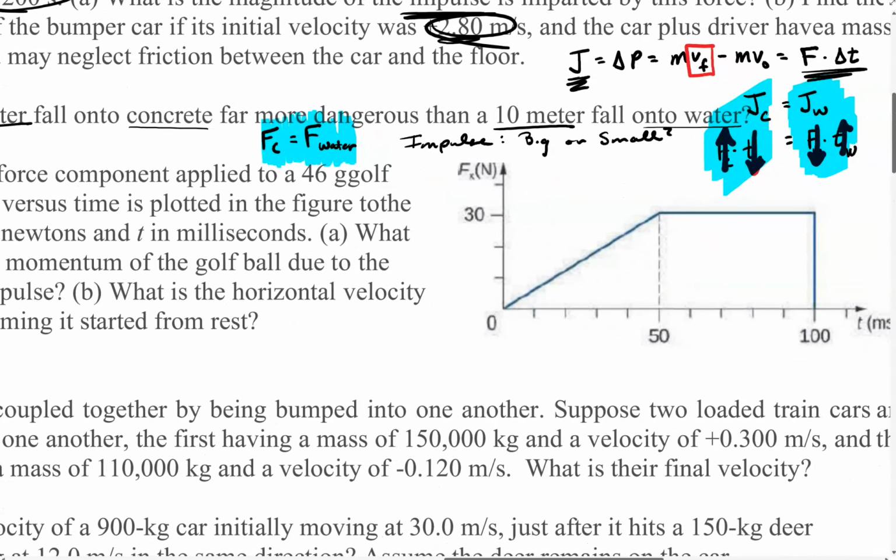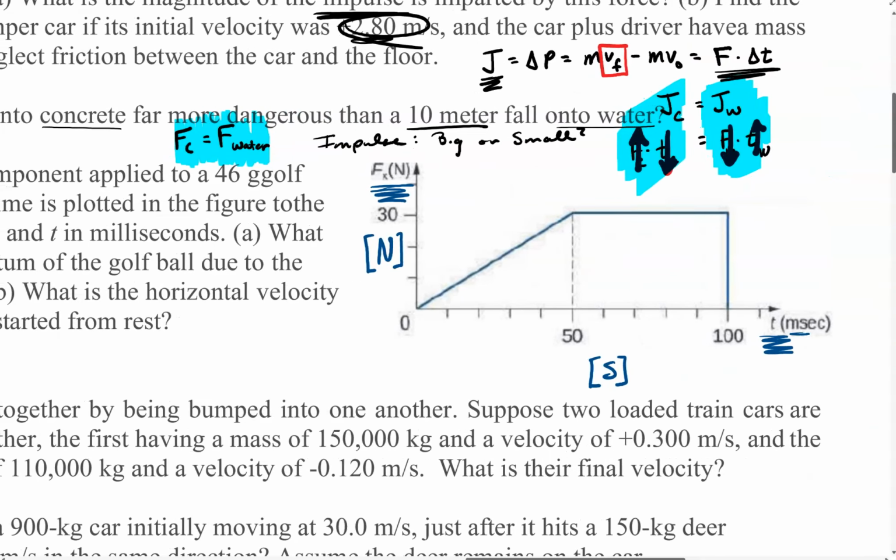But what's important to note is that we have a y-axis that's measuring force and an x-axis that's measuring time. And as we've noted in class so far, if we have newtons measured along the y-axis and seconds measured along the x-axis, we would convert from milliseconds to seconds, and that'd be fine.